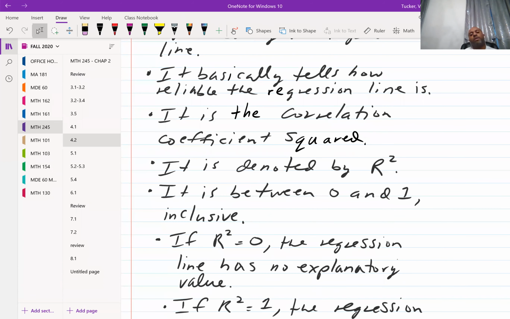If R squared is equal to 0, the coefficient of determination is equal to 0, the regression line has no explanatory value. In other words, the regression line has no meaning.